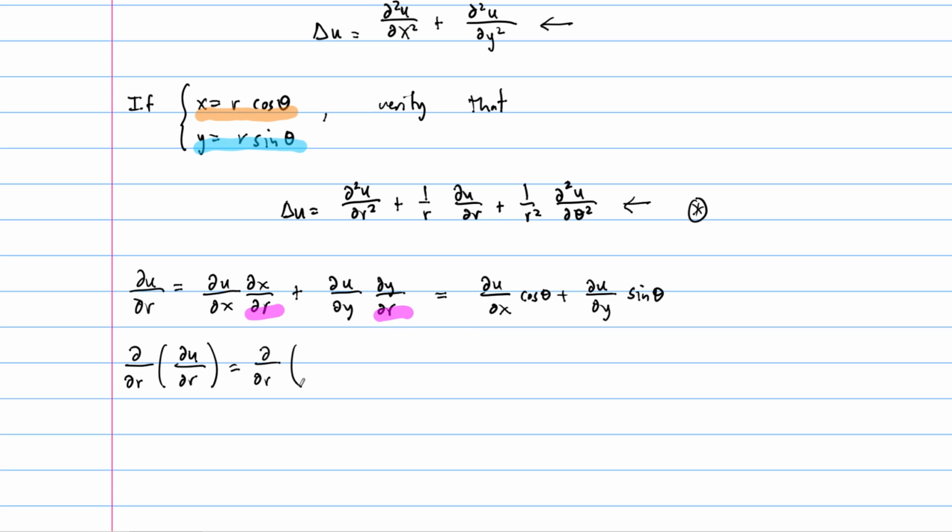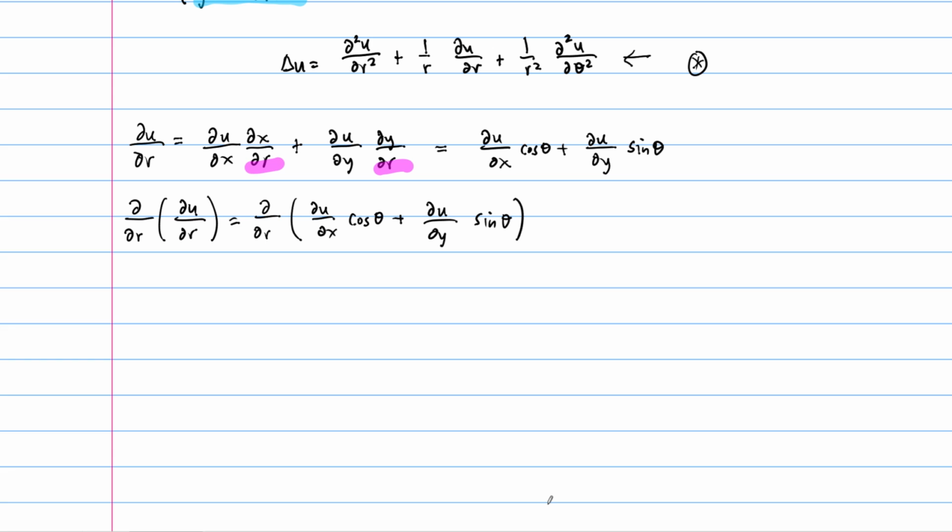d by dr of du by dx times cosine of theta plus du by dy times sine of theta. All right. And so then this derivative has got to hit all these parts. Luckily, this one doesn't have any r's, right? So there's not going to have to be a product rule here. But we will have to apply a chain rule to this one. So when the derivative hits du by dx, it's going to be the following, right?